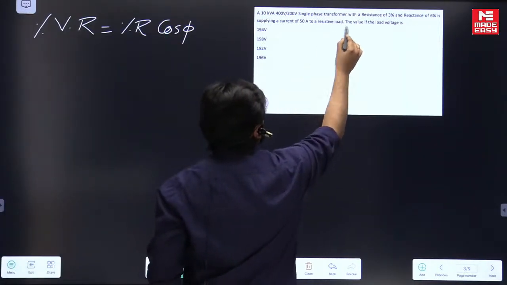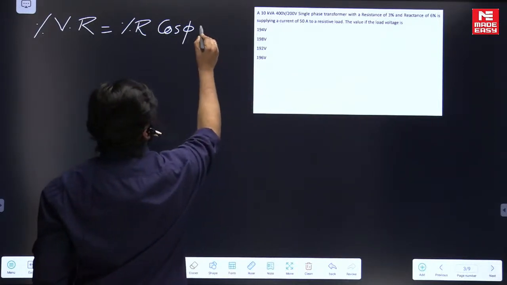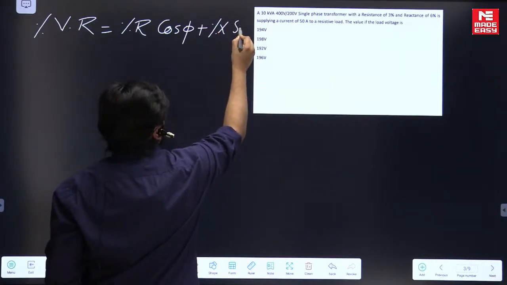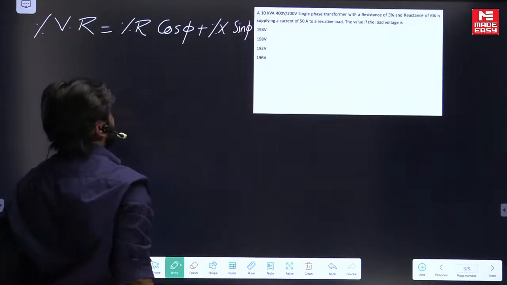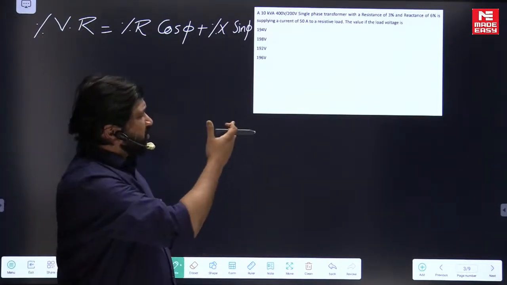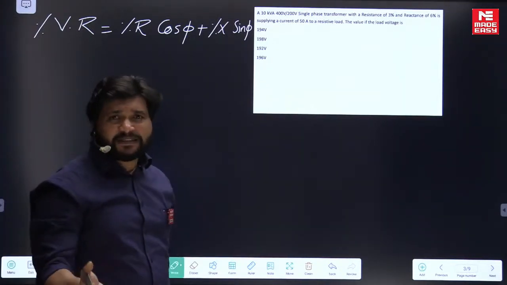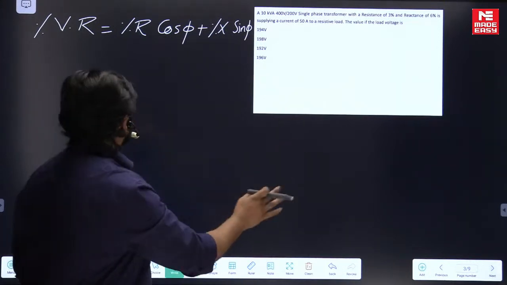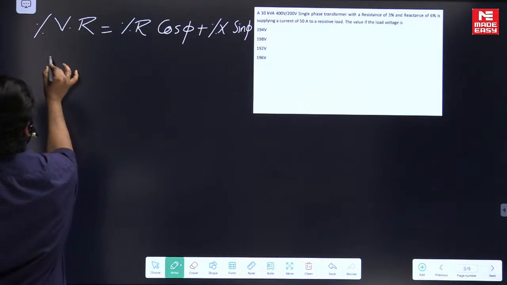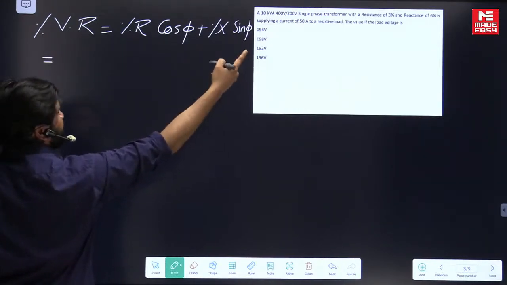Because it's a resistive load, I'm making it plus only. You know this formula already, voltage regulation, because the resistance and reactance are given in percentage already. I'm using it, percentage R, percentage X. So R percentage is given as 3%.